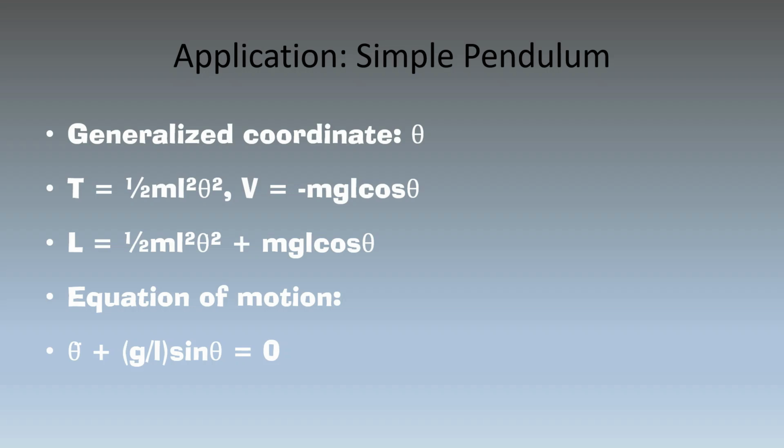We know the kinetic energy and potential energy, we just have to substitute in the total Lagrangian. After substituting, we find the equation of motion: theta double dot plus g by l sin theta is equal to 0. Most important, 99% this question may be asked. This question may also come. These are all repeated ones.